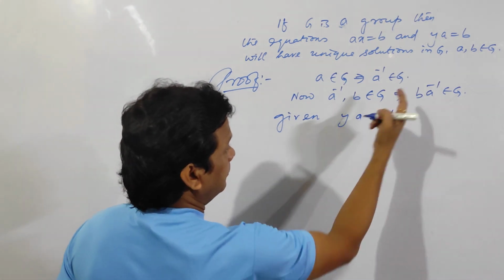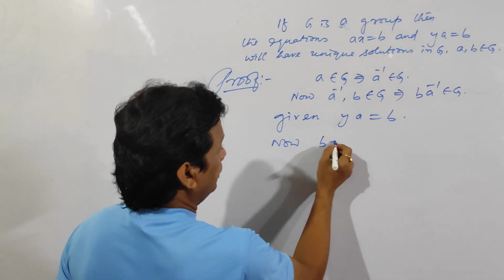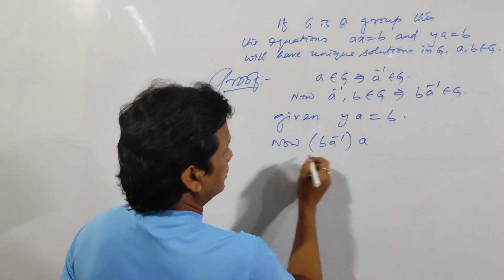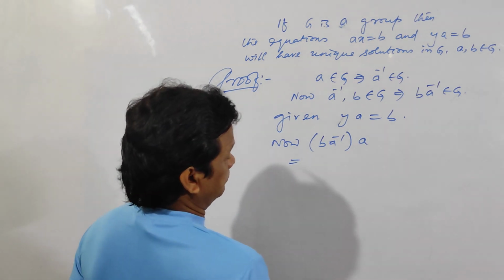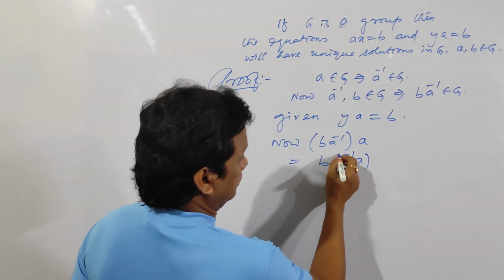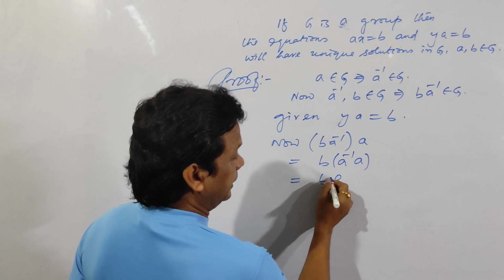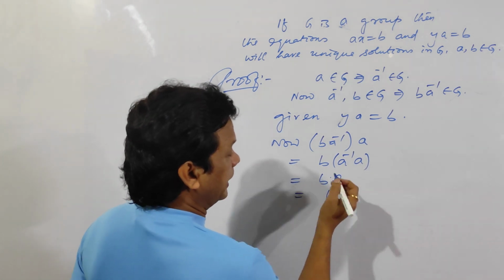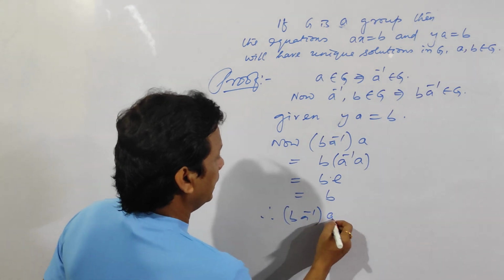So in place of Y I am writing B into A inverse. Now B into A inverse into A. Let us find out the value of this expression. So B, then apply the associative axiom. B into A inverse A, by inverse axiom it is E. Now B into E is equal to B by identity axiom. So therefore B into A inverse whole into A is equal to B.